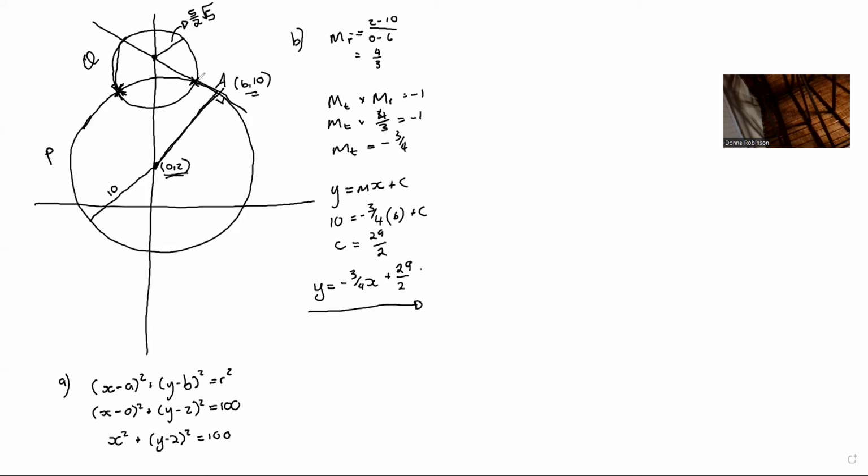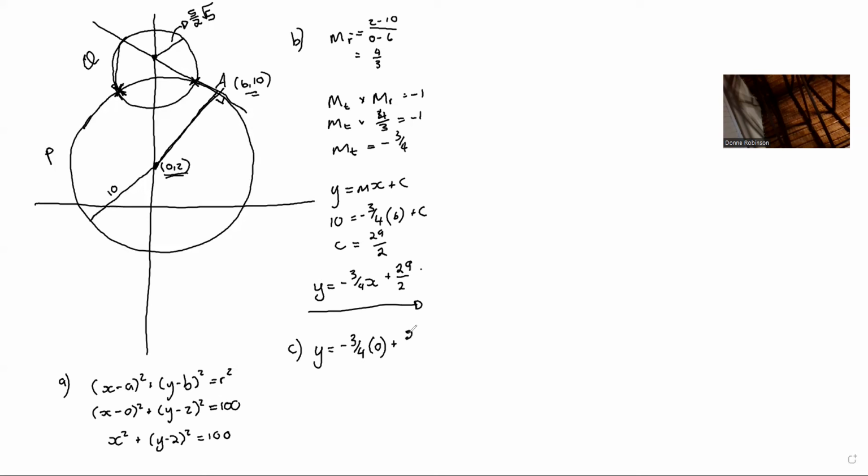So let's first do the equation of Q. So we know that the center of Q is where the tangent cuts the y-axis. So I can use this equation. I'm just going to say C down here. I can use this equation and say it is where x is equal to 0 because x is 0 where it cuts the y-axis.